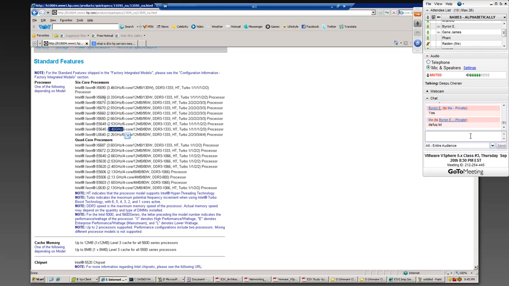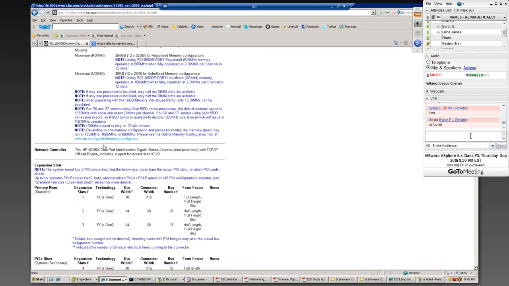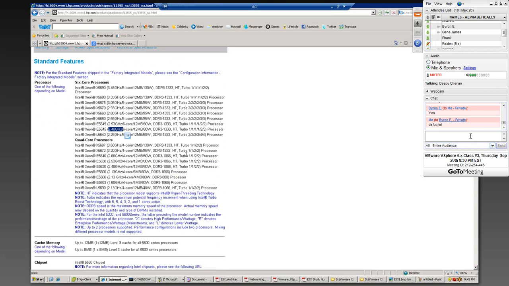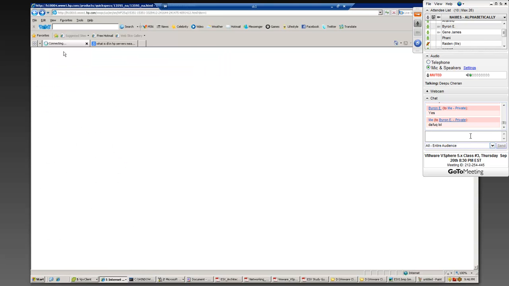They're all different processors from different Intel families. These are all Intel processors. Then comes the memory and everything. eBay will probably show that. You can go to eBay and buy servers too, for a very cheap price.